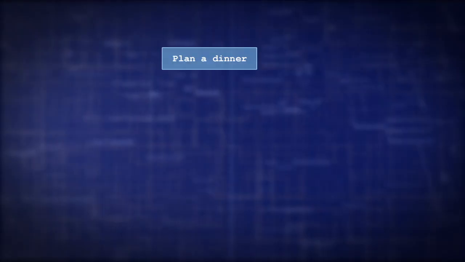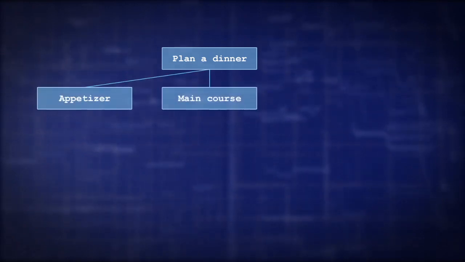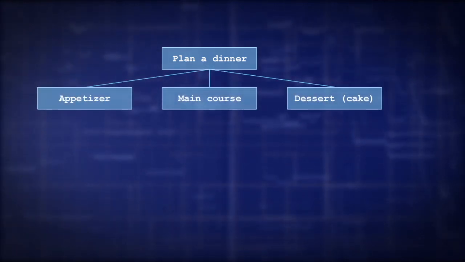Top-down design is one of the most commonly applied methods for developing computer programs. As an analogy, suppose that you're responsible for planning a very large family dinner. Well, thinking about every detail of the dinner all at once can easily become too overwhelming. So instead, you might first think about which courses you want to serve. For instance, you might want an appetizer, a main course, and a dessert. Easy enough.